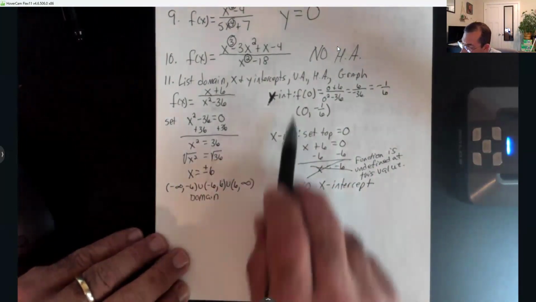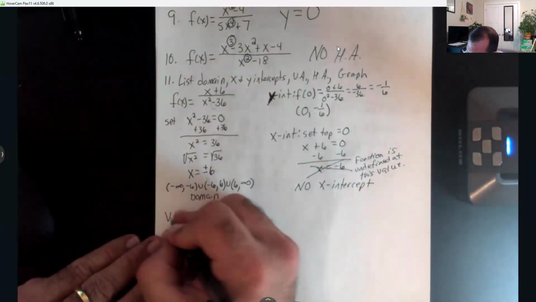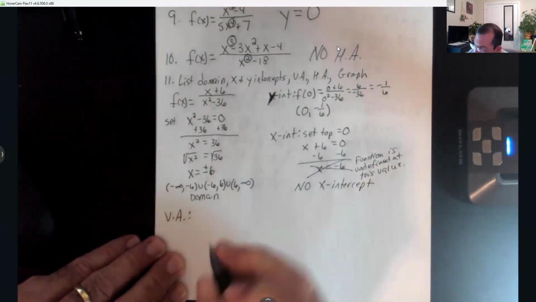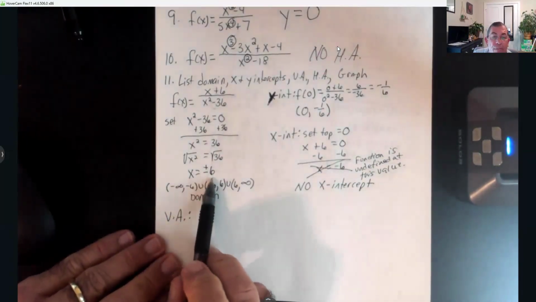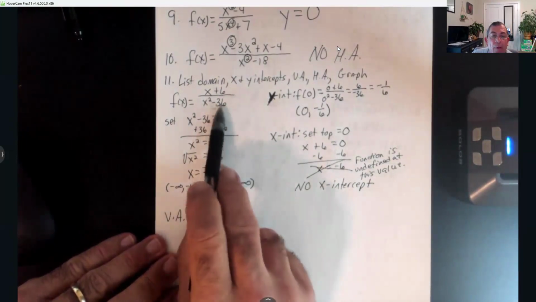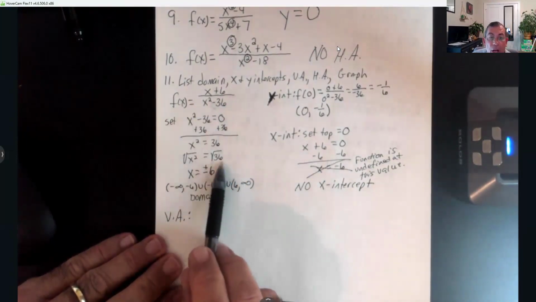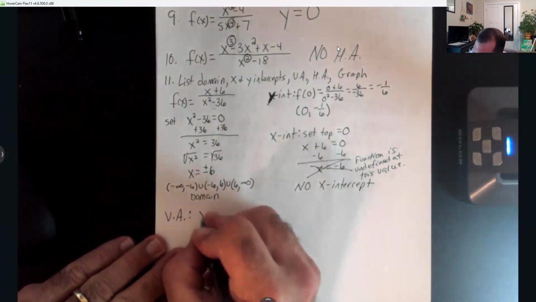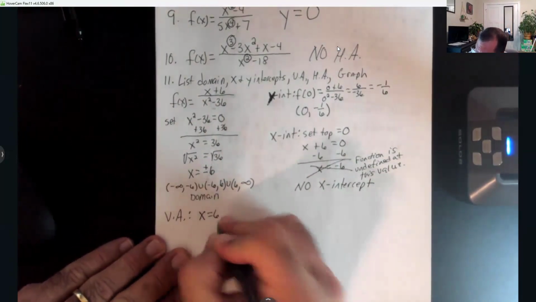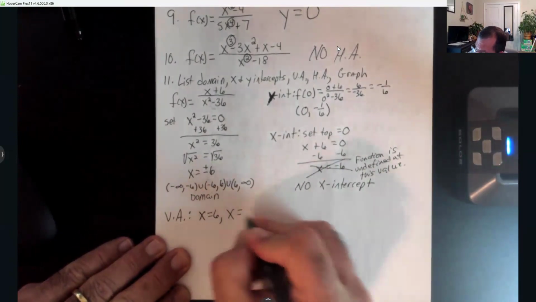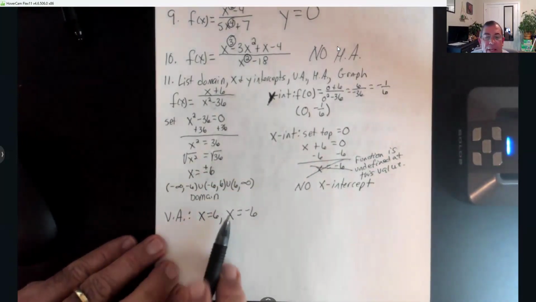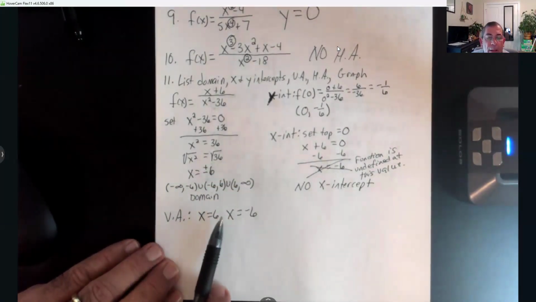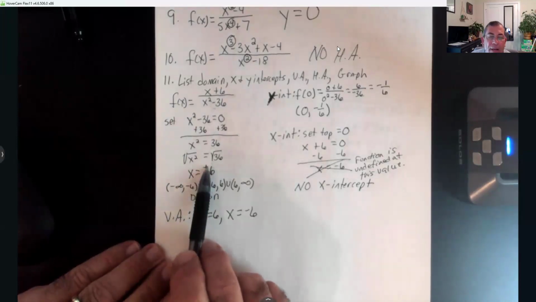All righty, let's see what was next. Well, the vertical asymptotes. We've already solved it for when this thing was in the denominator, right? So the vertical asymptote's automatically going to be x equals 6, comma, x equals -6. Okay? Because we solved it right there.